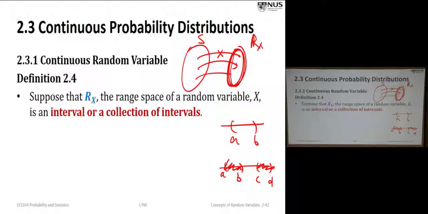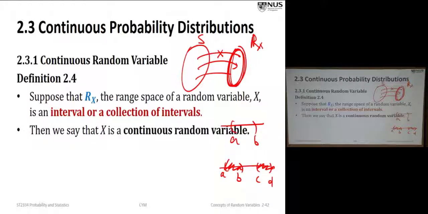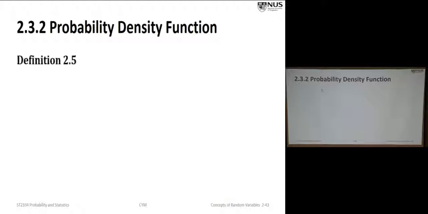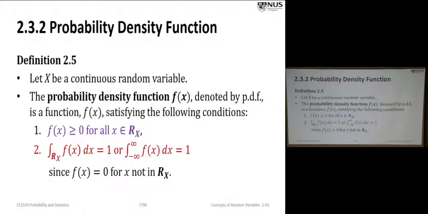All right? It can be a very short interval, it can be a long interval from minus infinity up to infinity, or it can be just a few non-overlapping intervals. Then we say that x is a continuous random variable.